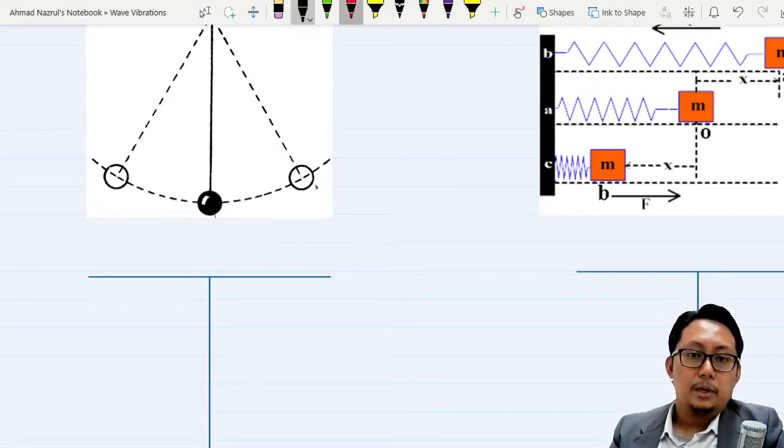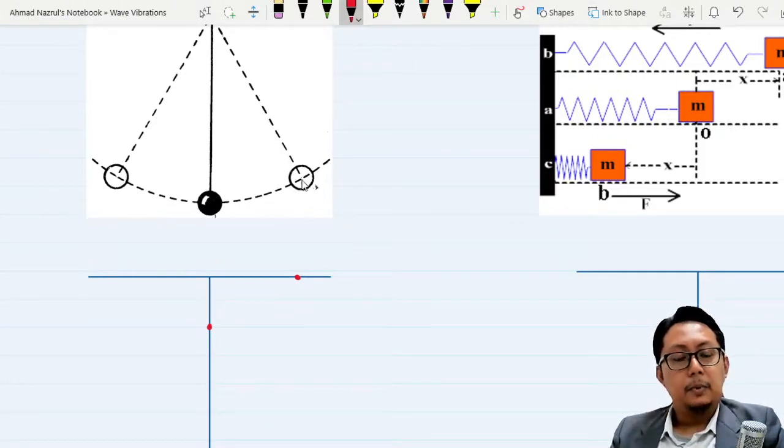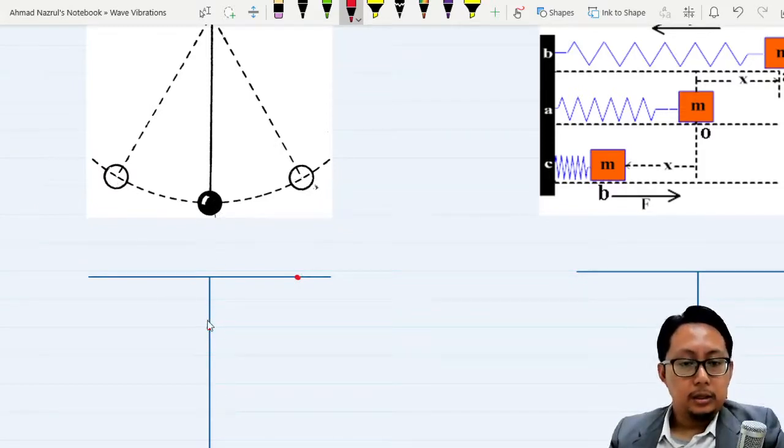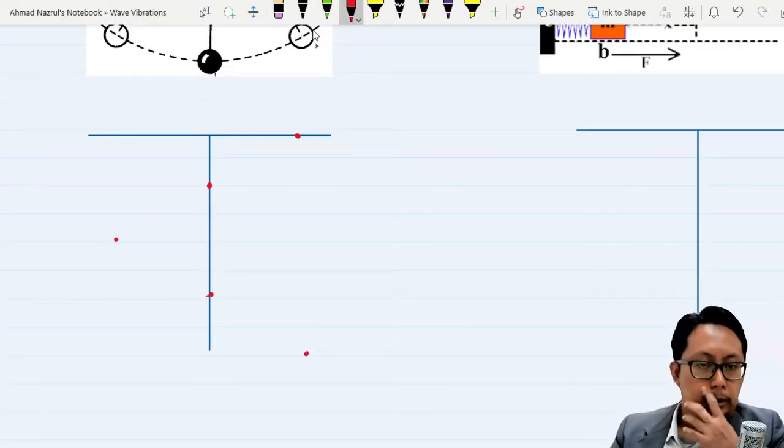So we can plot here, for example, when they start from this point, they come here. When they reach the center point, it's here, and this will be time, starting from 0. This is maybe a few seconds. We move here, and then going back, go to the maximum left, become here, something like this, and then going back to the center, and finally it will move to the initial starting point.